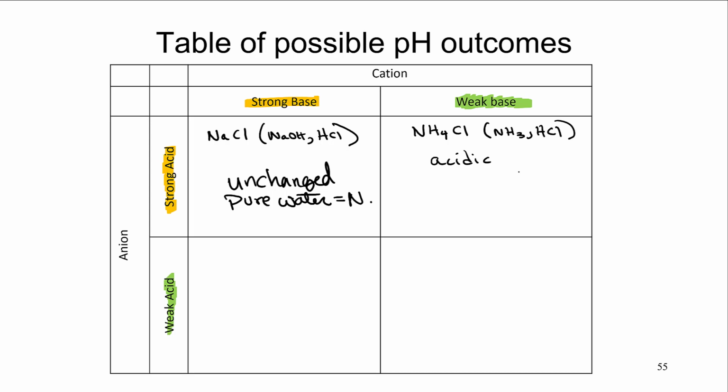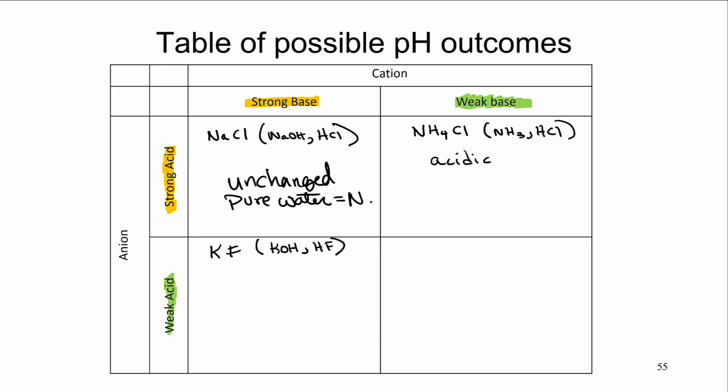Now, the opposite is true if the cation comes from a strong base and the anion comes from a weak acid. That's down in here. An example could be potassium fluoride, just to pick something different. This is the salt that is produced by KOH and HF.